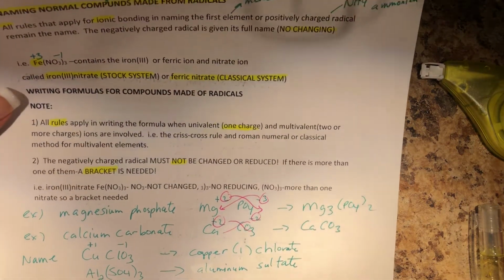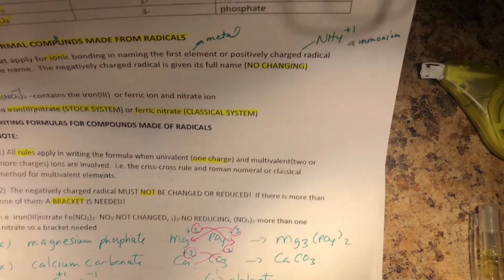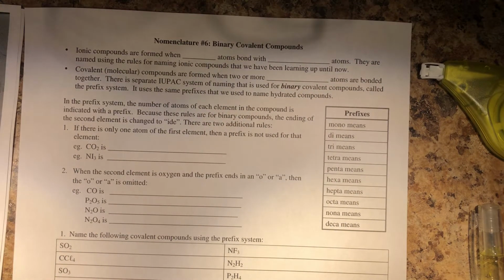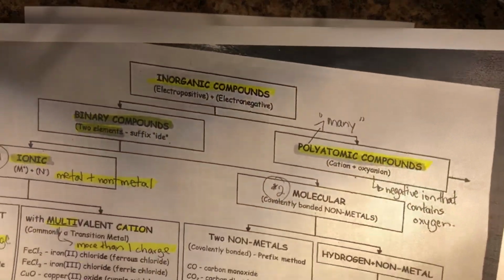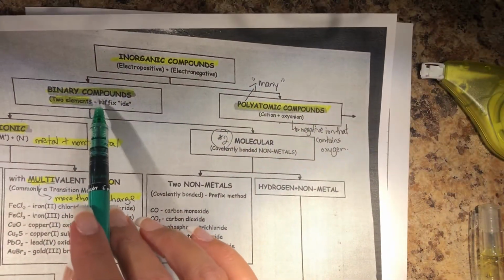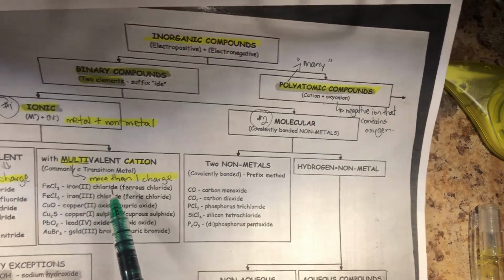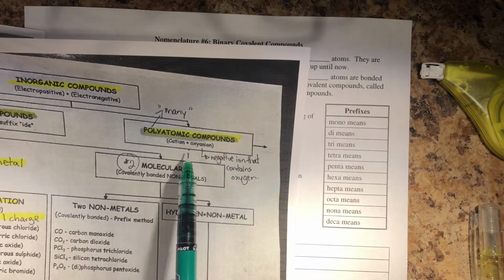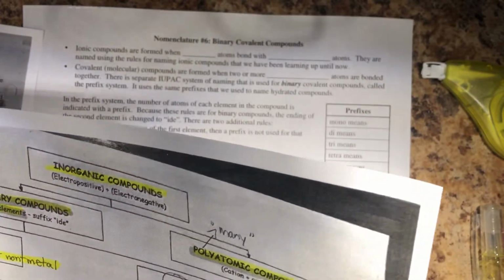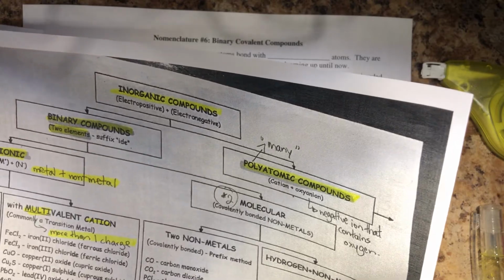Now you can handle all the polyatomics, the binary ionics. The last thing we're going to look at, just going back to your chart, is, so we have now talked about binary compounds, ionic, monovalent, multivalent, and we've also looked at polyatomic compounds, the ones that are created with multivalent cations and polyatomic ions.